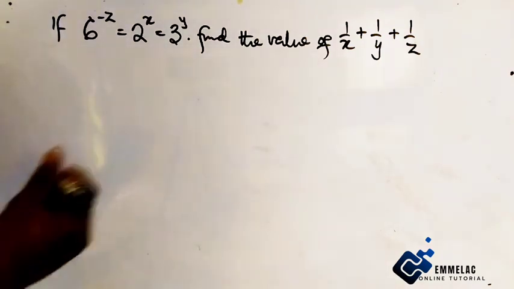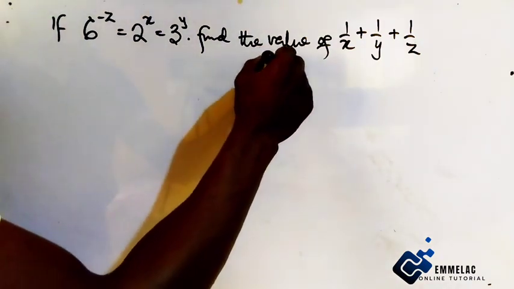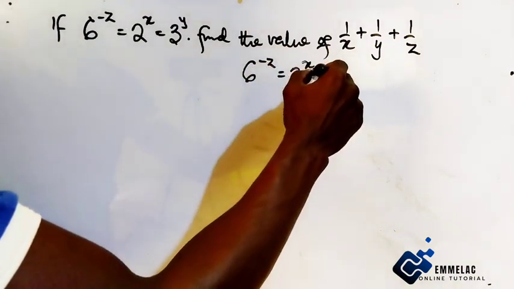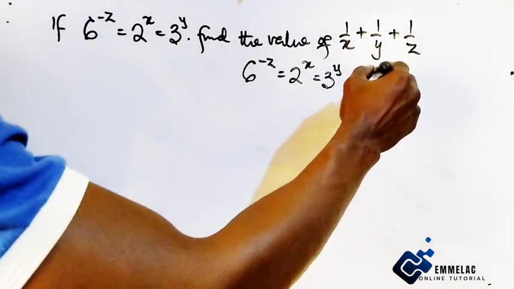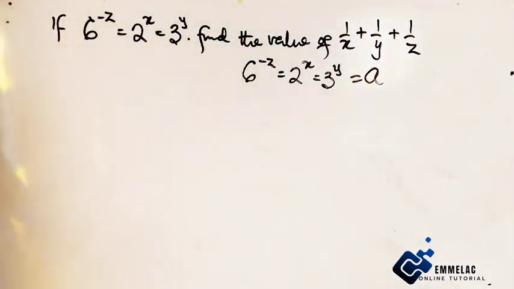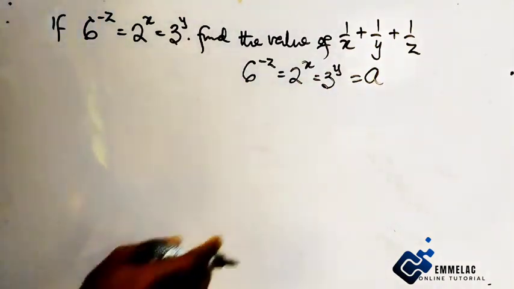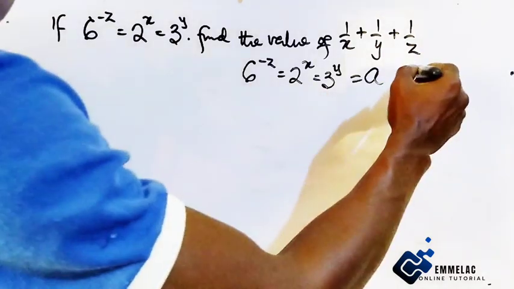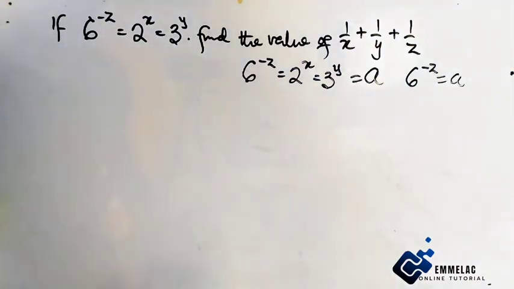So 6 raised to the power minus z equals 2 raised to the power x equals 3 raised to the power y, all equal to, let us assume, a. So the uniform answer is a. Let us equate everything to a. So here we have 6 raised to the power minus z equals a.